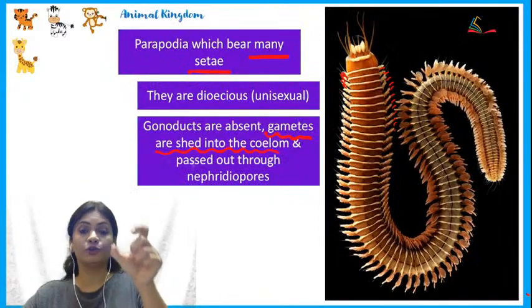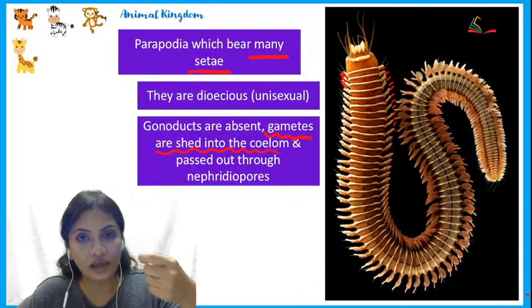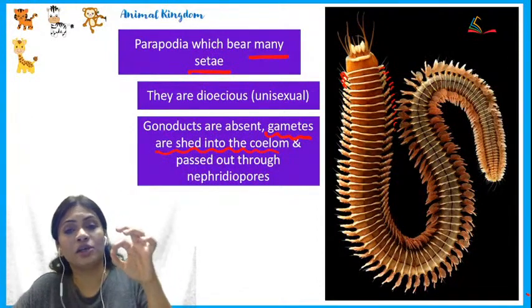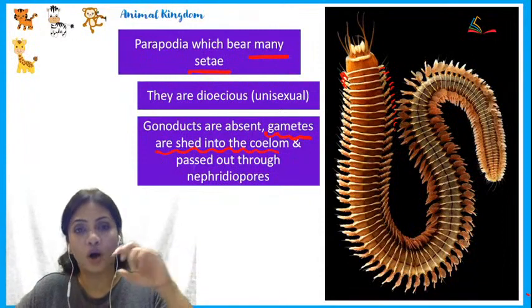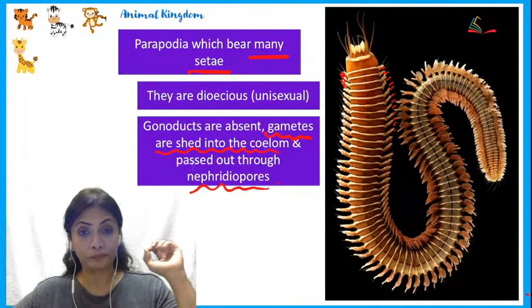Do you remember what a nephridiopore was? Well, if you remember those nephridia which were present, then the excretory waste also comes out through that nephridiopore. So there are numerous small openings on the body of an annelid which are called nephridiopores.